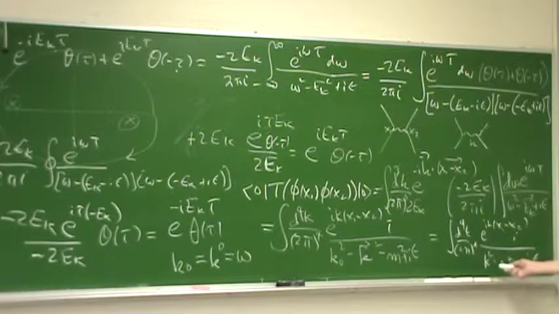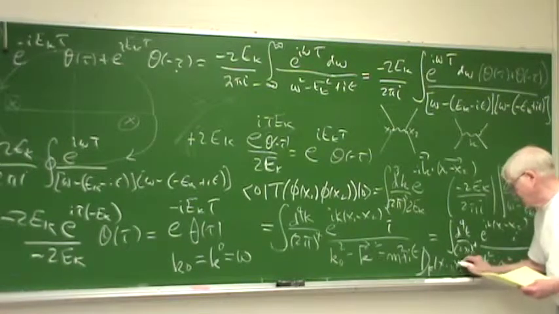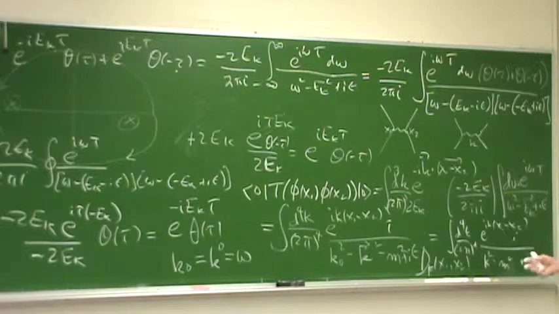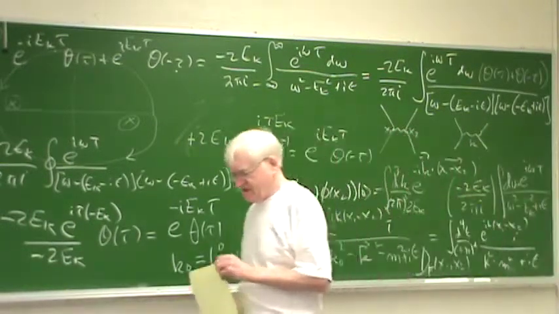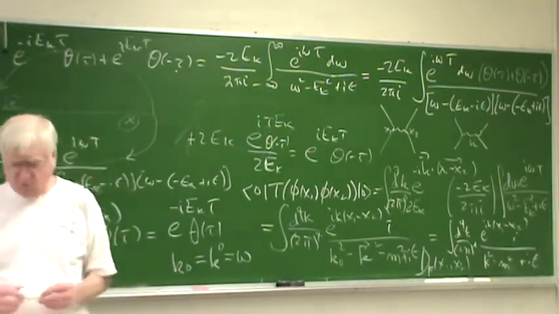And you notice that k occurs as d fourth k and as k squared. And so if we interchange x1 and x2, it doesn't change anything. It just means we do the integration in a different order. All right, and this thing is called D sub F of x1, x2, and it's also equal to D sub F of x2, x1. All right, so that is the story about the Feynman propagator there.